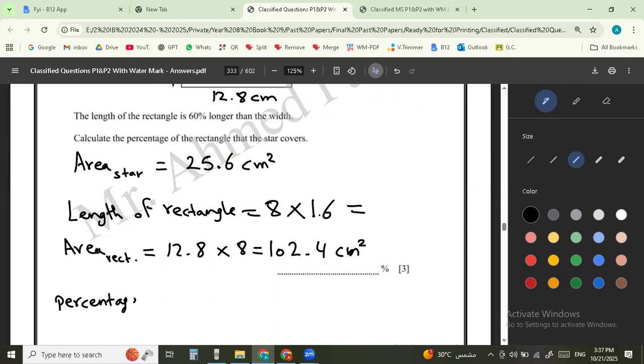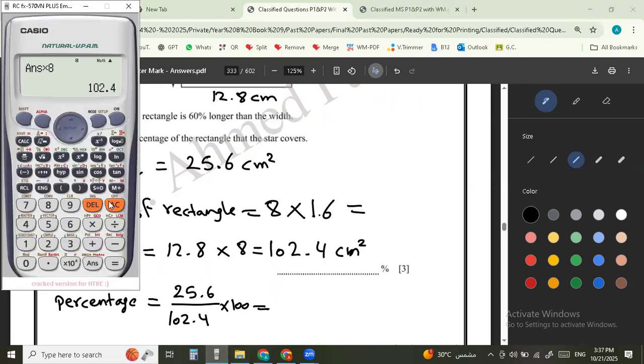Let's do it. 25.6 over 102.4, then multiply by 100 equals 25% exactly.